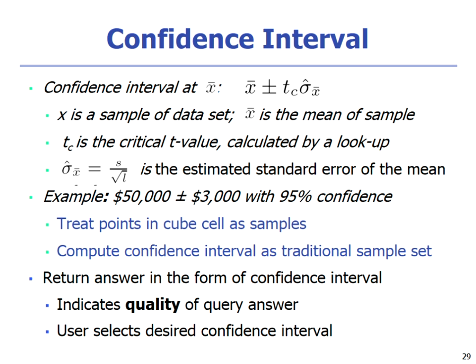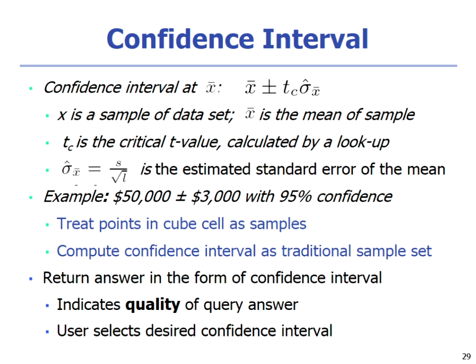So what's the meaning of confidence interval? We write the confidence interval as, for example, x mean plus or minus TC multiplied by the standard deviation of X. So X is a sample of the data set, X bar is the mean of the sample, TC is the critical T value calculated by a lookup, and sigma X is the estimated standard error of the mean.